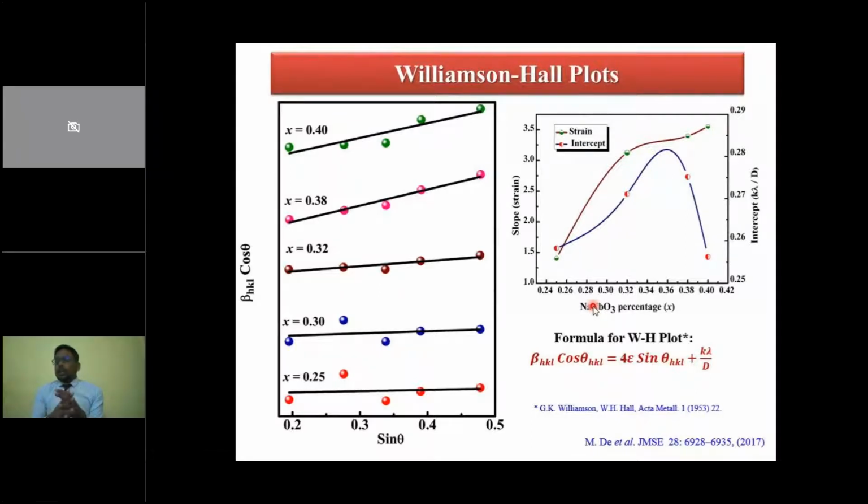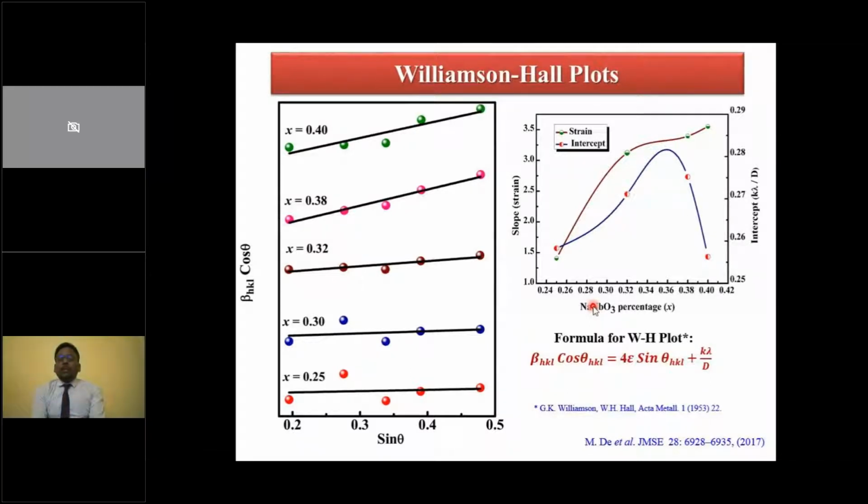Up to a certain level the crystal structure is able to sustain that strain, and when it goes beyond some energy value, then the structure may change.